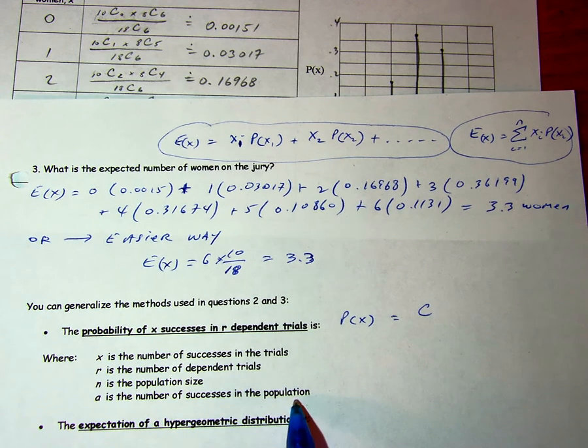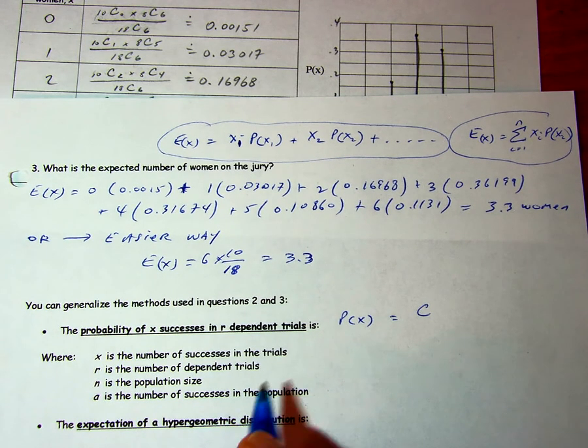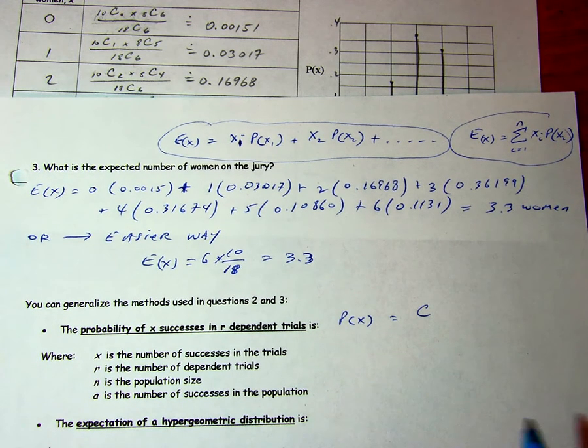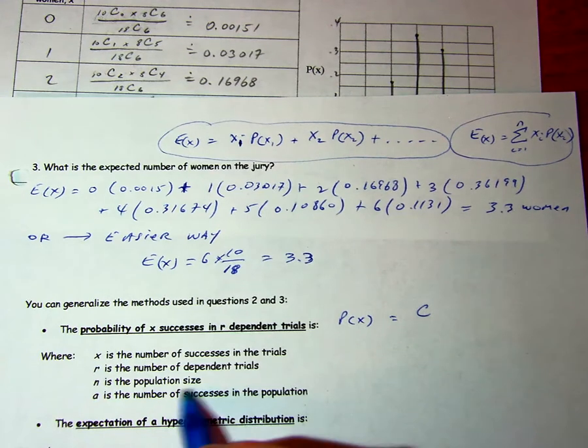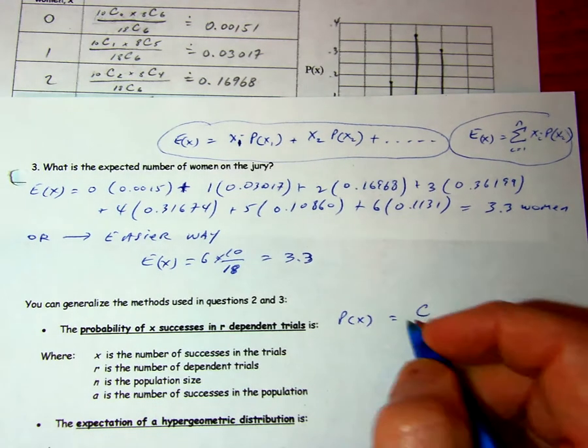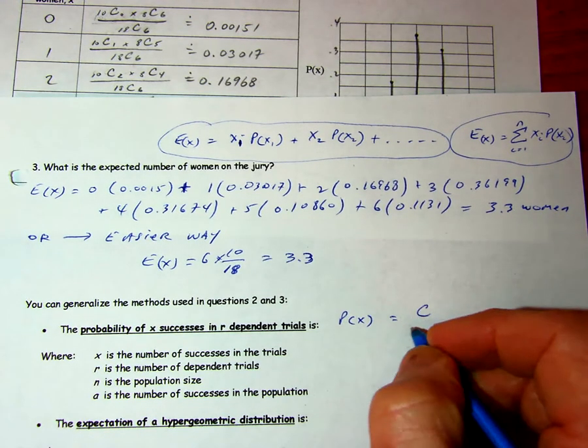So A is the number of successes. In our previous example, the success was being a woman. That was our variable, the number of women. The number of women was 10, but here we just call it A.